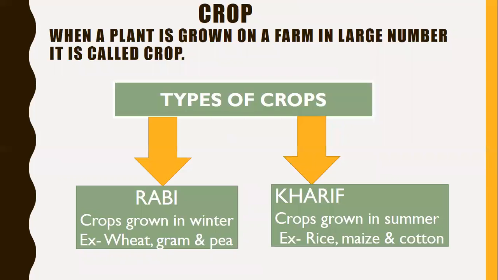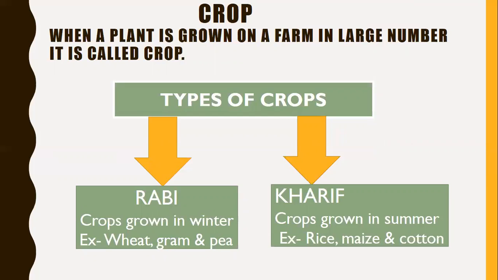Now, crops are of two types: Rabi crops and Kharif crops. Rabi crops are grown in winter, example wheat, gram, and pea. And Kharif crops are grown in summer, like rice, maize, and cotton.